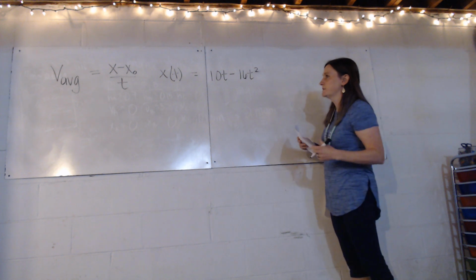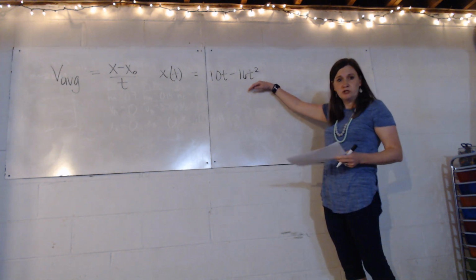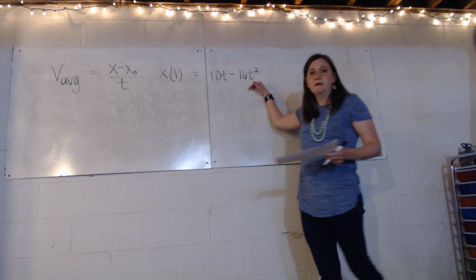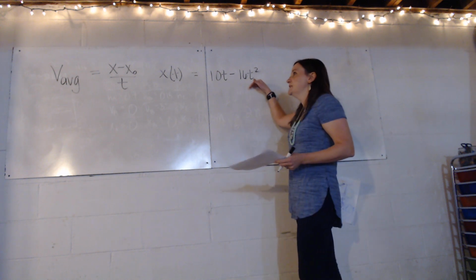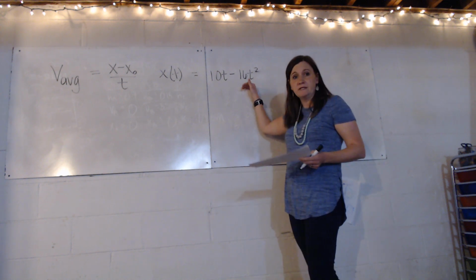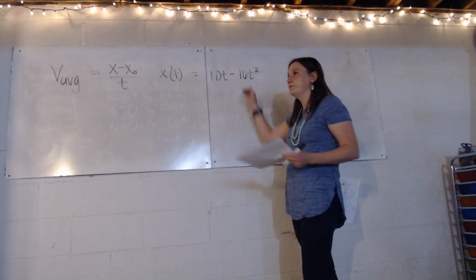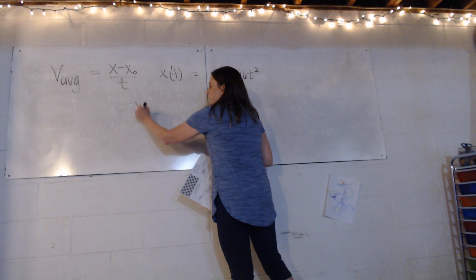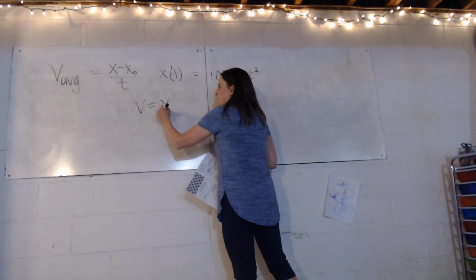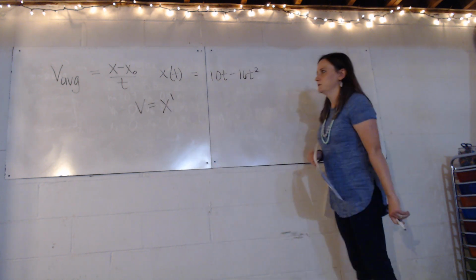So this is how something's position is changing as a function of time. I could find the instantaneous velocity of this object by taking the derivative of this function. So velocity is equal to the derivative of position with respect to time.